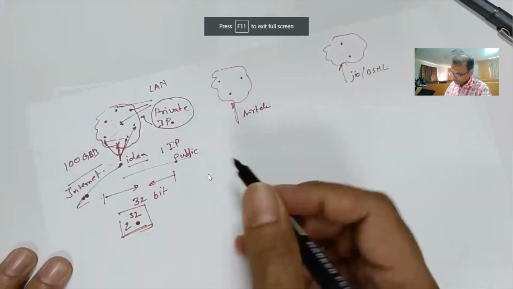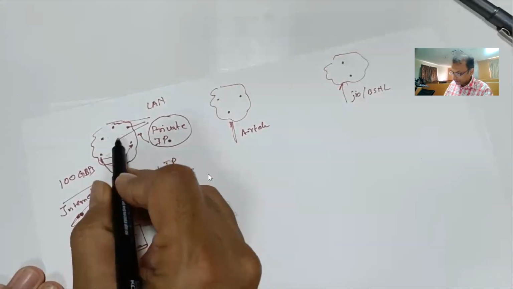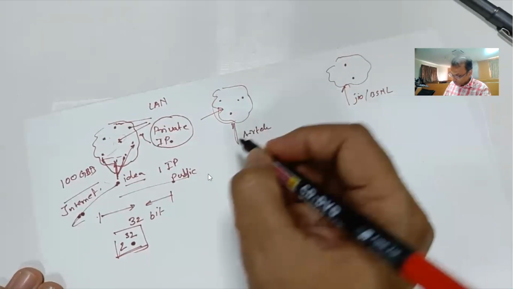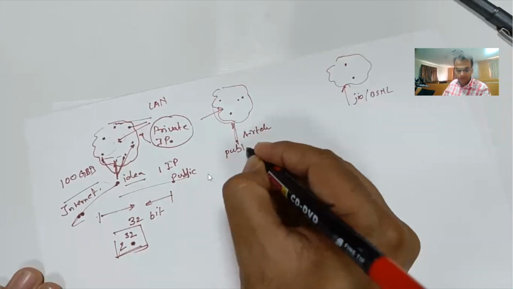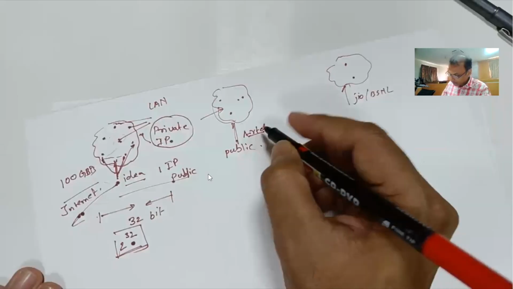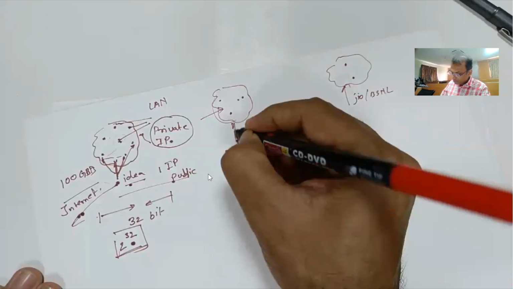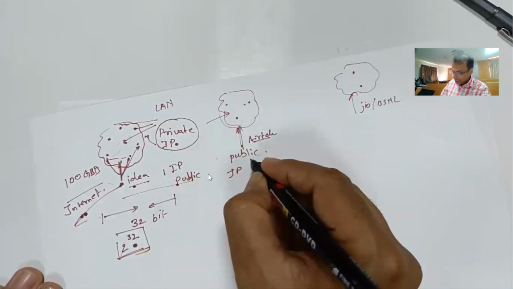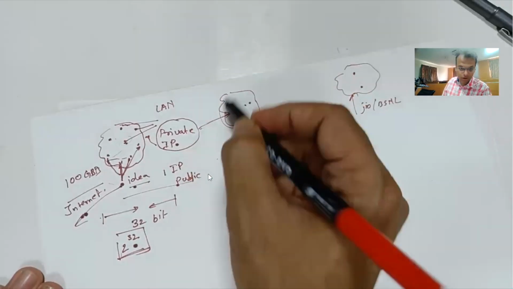Now, the same IP addressing scheme which is configured over here can be repeated here also because it is completely private. For this one, another public IP will be there, completely different. Even if you are getting the internet from the same service provider, let's say Idea, the public IP will be different for this one, and the private IP addressing scheme can be the same in this network.